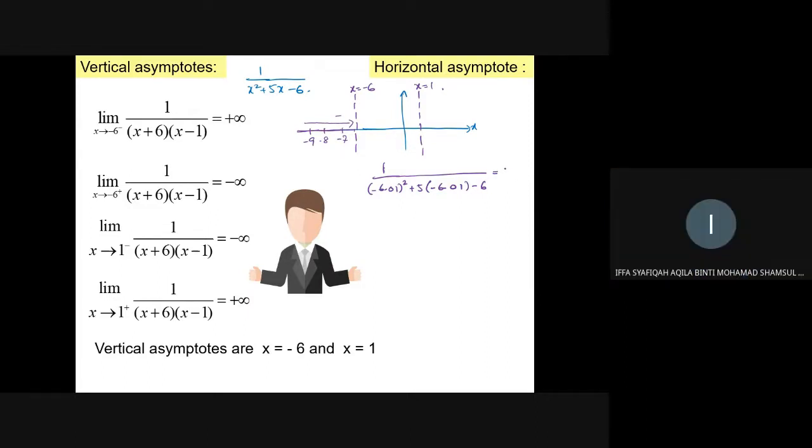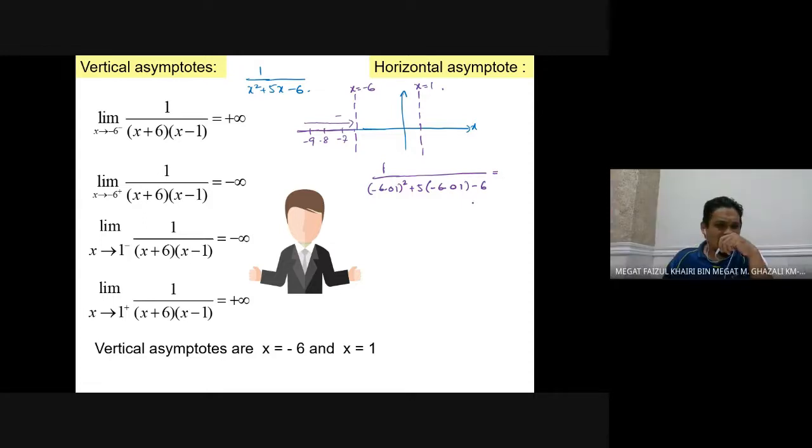0.071701. 0.071. Sure. Okay, you may substitute -6.01 here and here, or if I choose using the x squared plus 5x minus 6, what will we get then?